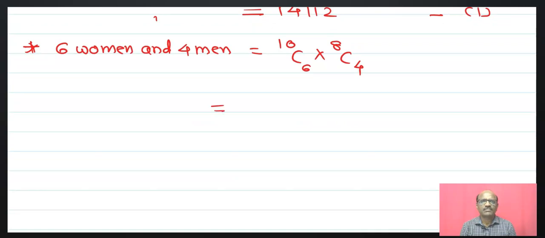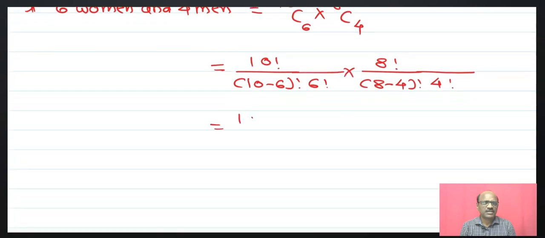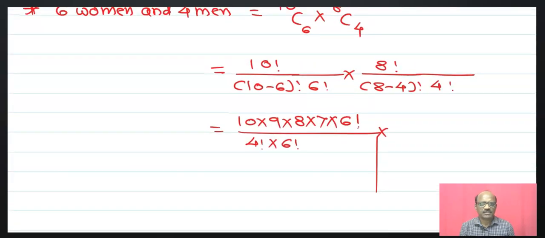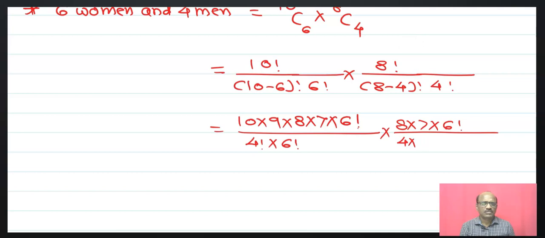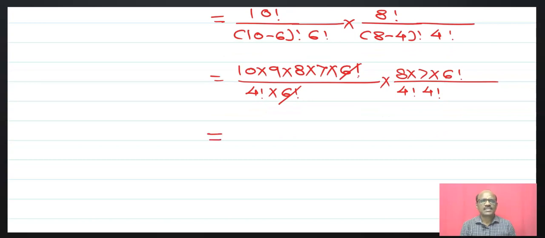Next is 6 women and 4 men, 10C6 into 8C4. Now you can perform the calculation. 10 factorial upon 10 minus 6 factorial into 6 factorial, into 8 factorial upon 8 minus 4 factorial into 4 factorial. Now reduce up to the 6 factorial, 4 factorial into 6 factorial. You will get 8 into 7 into 6 factorial. See these cancellations.